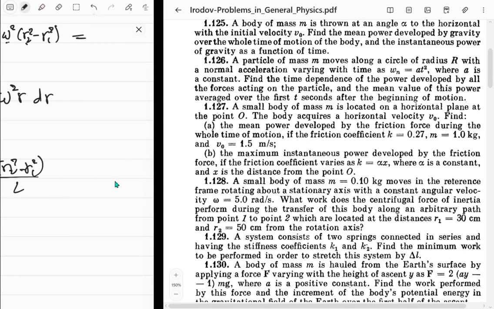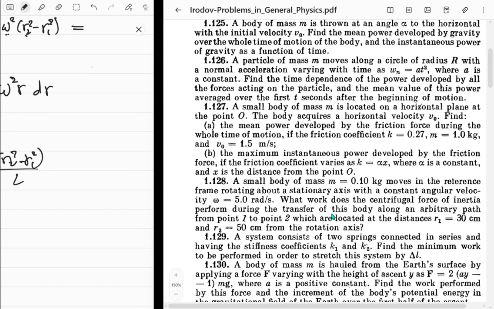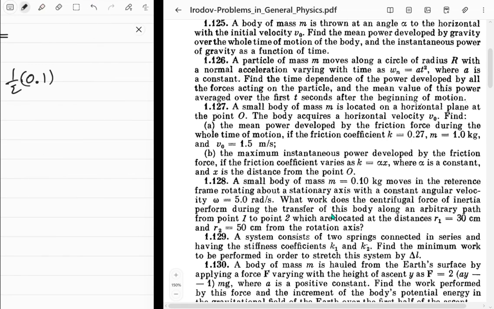So this is going to be what? Right, 128. They gave us the values. Half of mass is just 0.1, times omega squared. Omega is 5, so 5 squared, and then r2 squared, which is 0.5 squared, minus 0.3 squared.